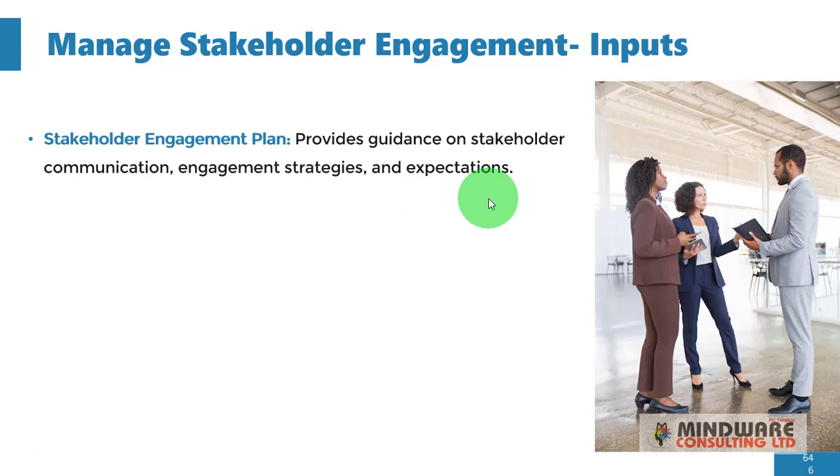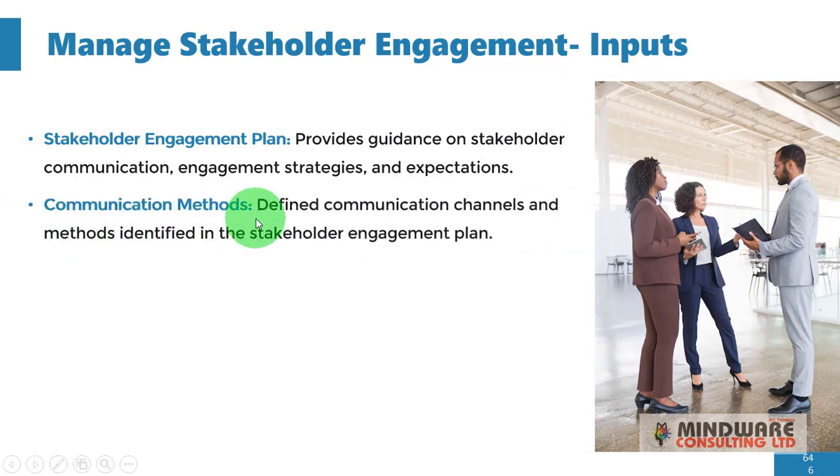So you're going to have to work with the guidance that the stakeholder engagement plan provides, so as to know how to communicate effectively, engage appropriately, and what expectations you are looking at. At this point in time, you're not working by rote, you're not working in a vacuum. You have something to guide you, based on analysis and available data.